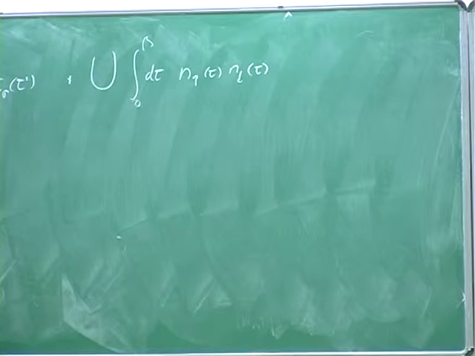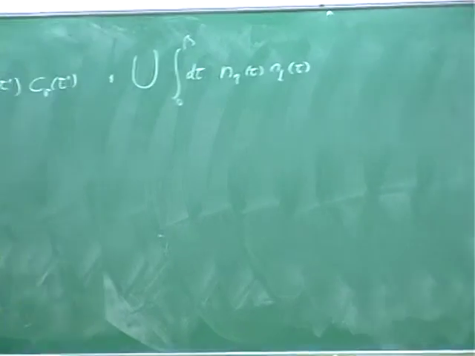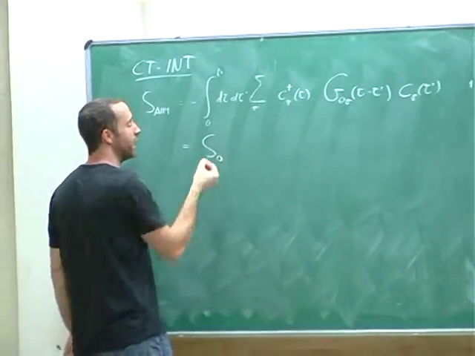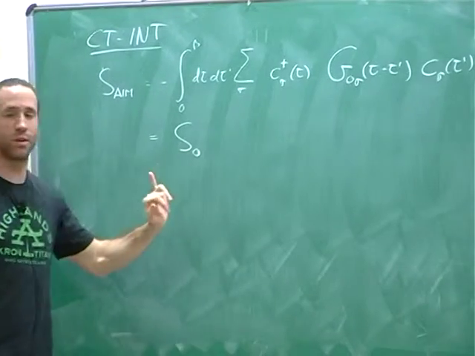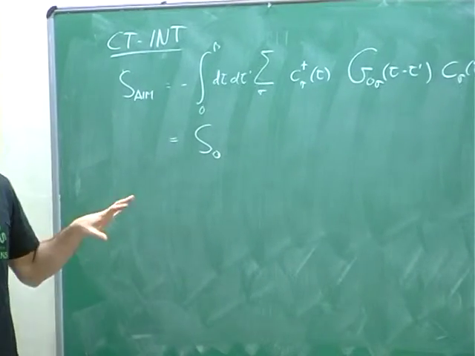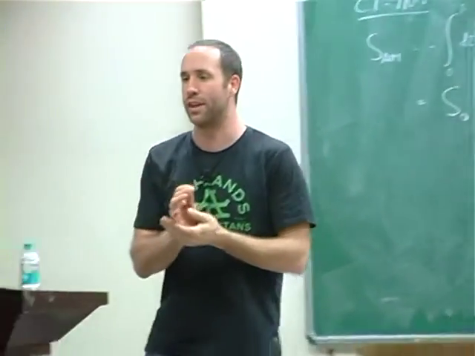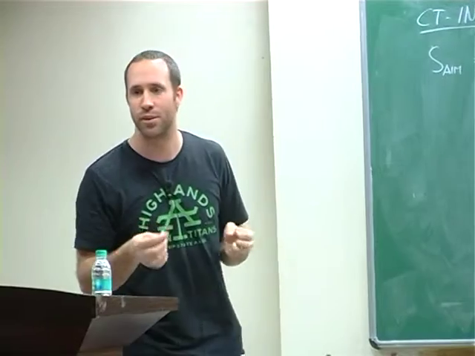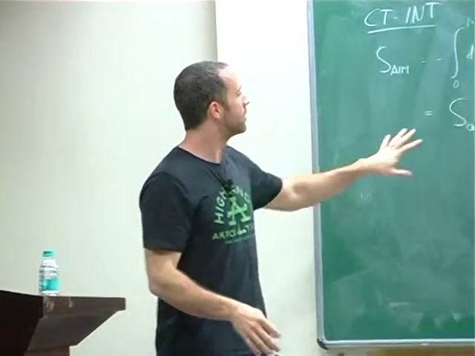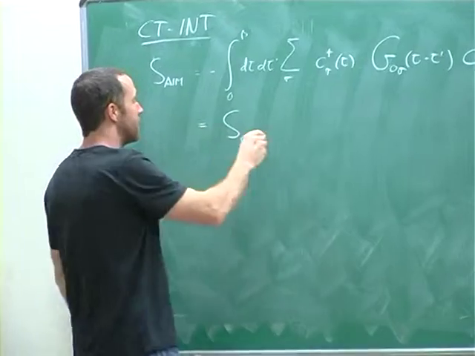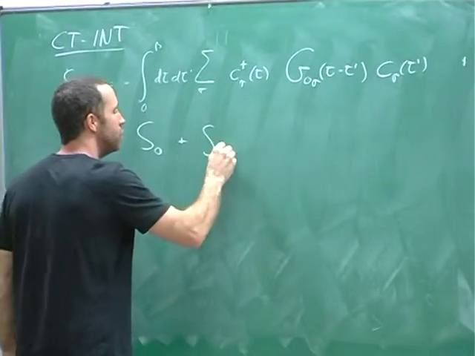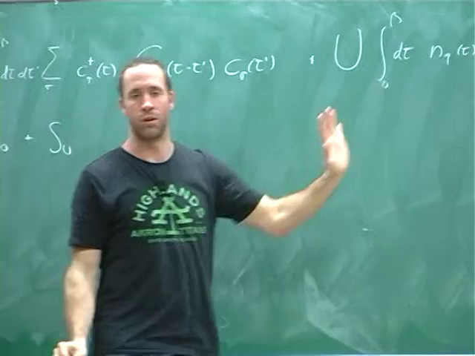The natural way to cut this into two pieces, because we want to do perturbation theory in U, is to take the first term as S0, which was my SA. I'm putting 0 here to emphasize that this action S0 describes my non-interacting system. And then the second term I'll call SU, that's the U term.